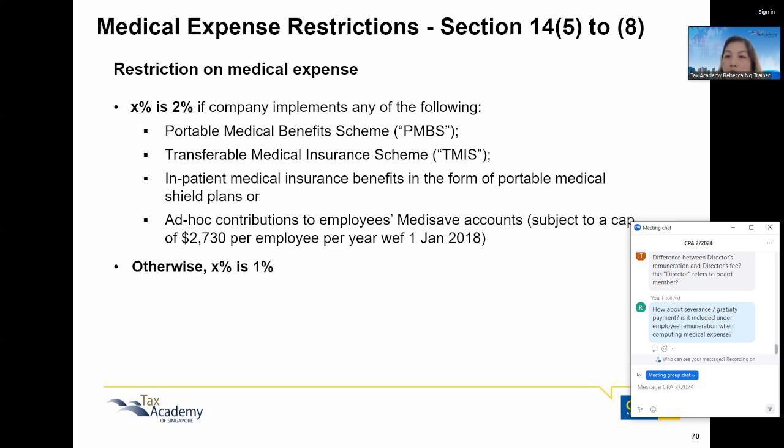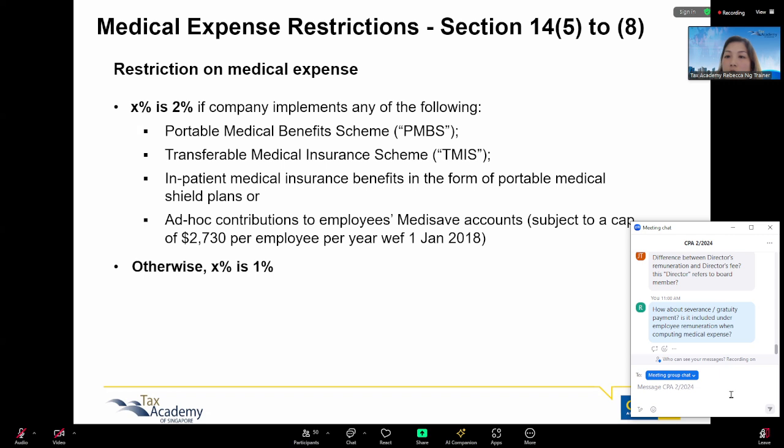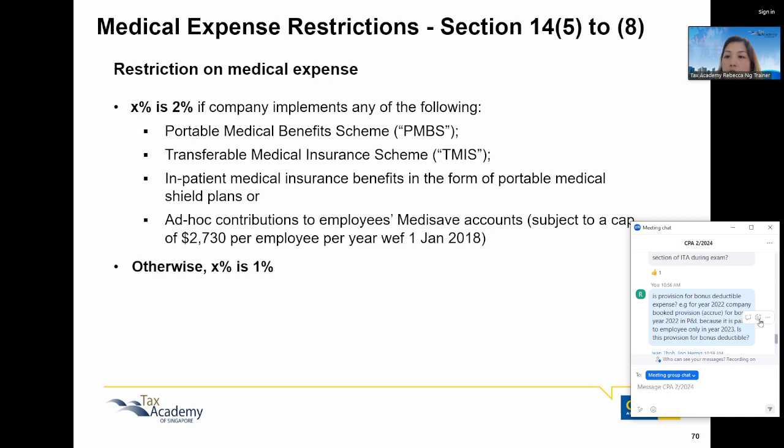I have a question: is provision for bonus a deductible expense? For example, for the year 2022, the company books a provision accrued for bonus in the P&L, because it is paid to the employee only in the year 2023. Is this provision for bonus deductible? Then we will have to look at what kind of provision this is.